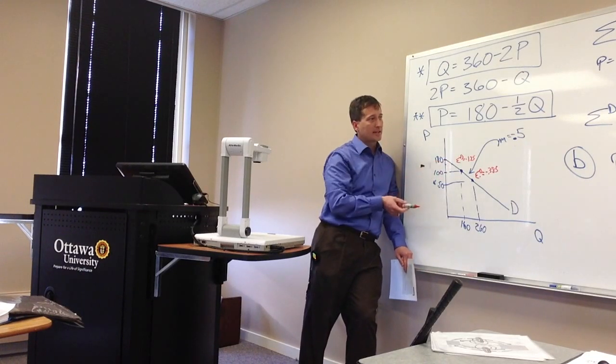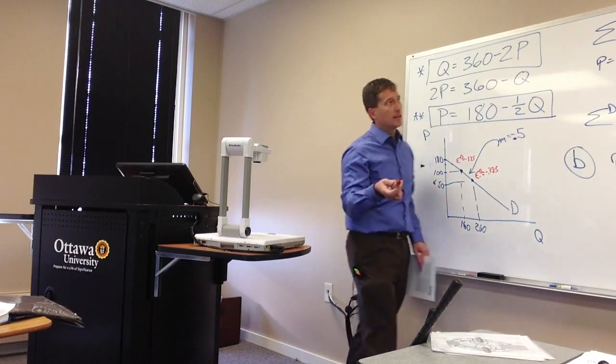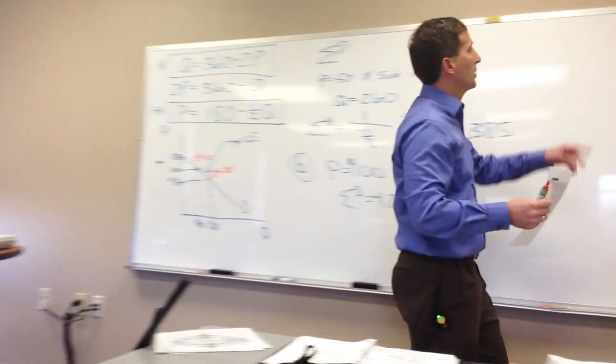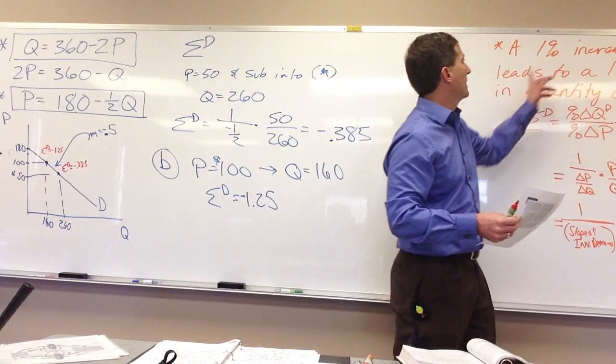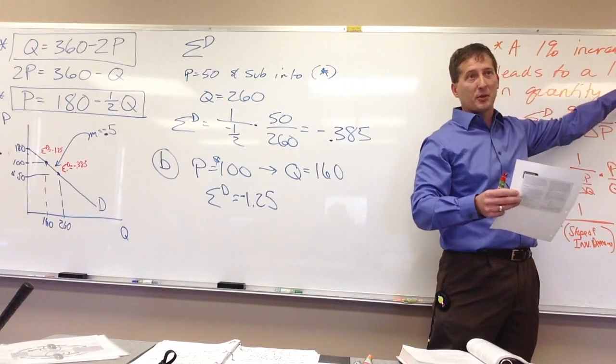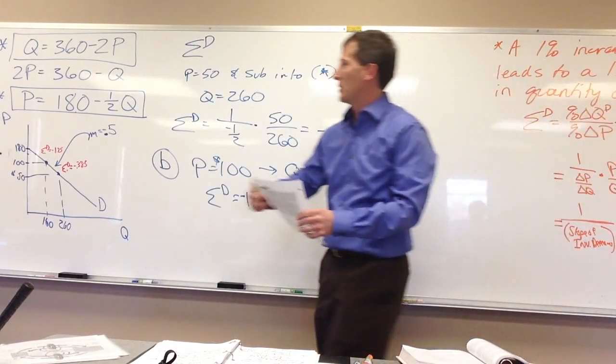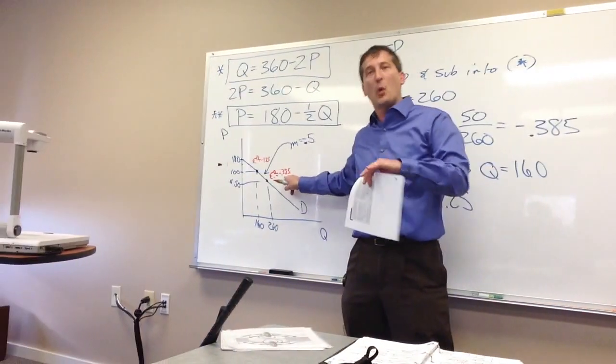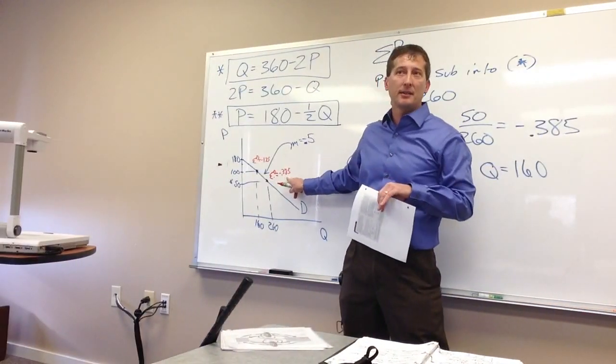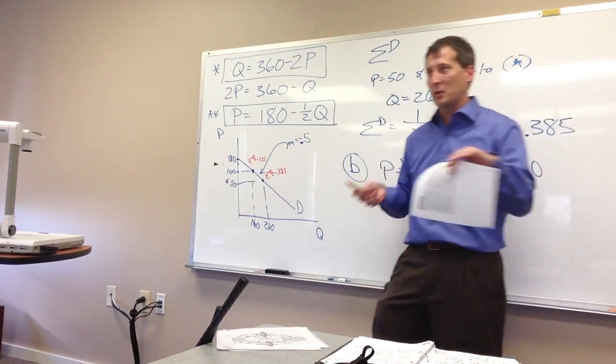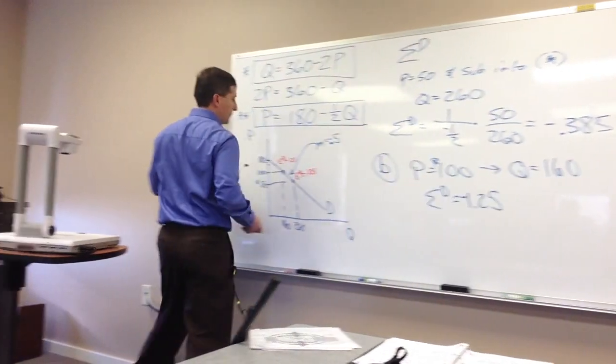So if we go back to the definition, a 1% increase in price leads to a 1.25% decrease, as opposed to a 1% change leading to a 0.38% decrease. So we can start thinking about the interpretation difference there.